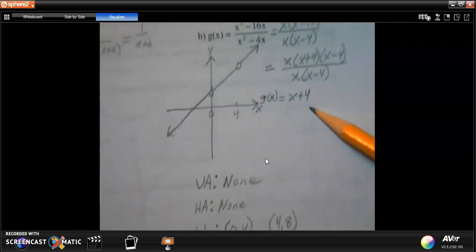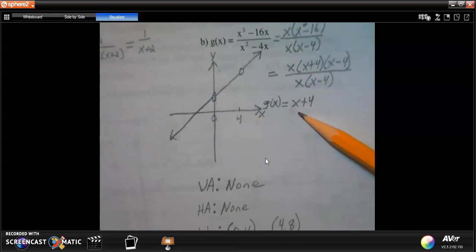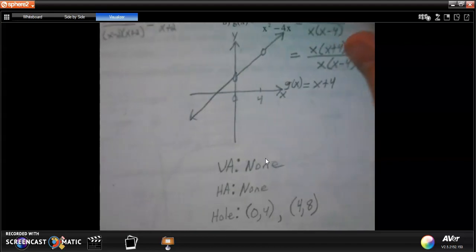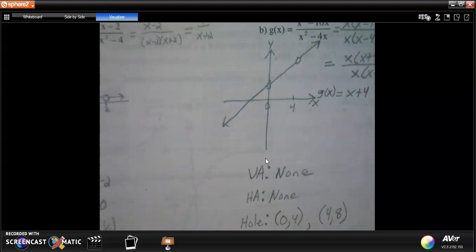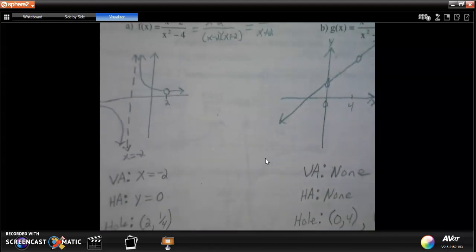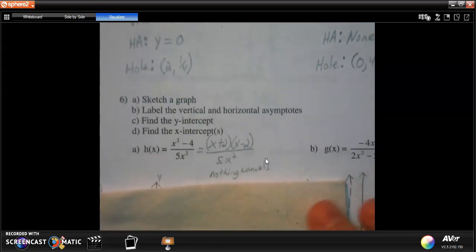So if you plugged in 0 and 4 for x, that gives you the 4 and 8 for the y values for the holes. Okay, and then if you do the bottom of the page, I'll show you the answers. So you can do these and figure out what happens in them.